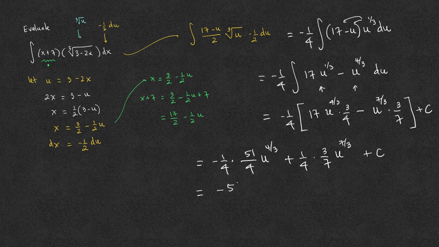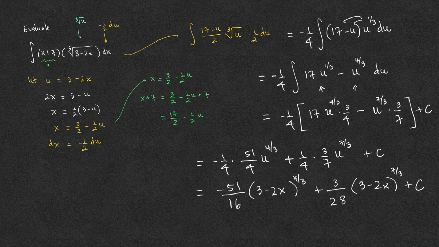This is negative 51 over 16 times u to the 4/3, where we replace u with 3 minus 2x, plus 3 over 28 u to the 7/3, and again, we replace u with 3 minus 2x. And this is now in terms of x only.